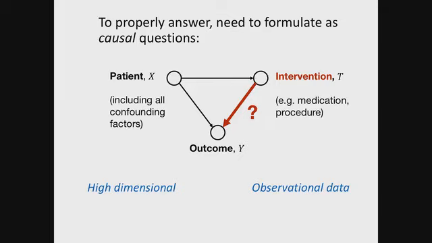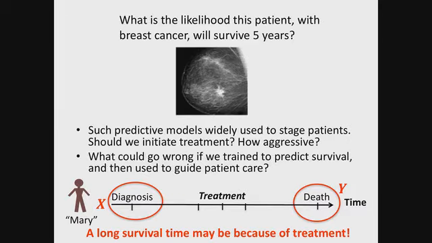All right, so let's try to instantiate this. We'll start with this example. X might be what you know about the patient at diagnosis. T, I'm going to assume, for the purposes of today's class, is a decision between 2 different treatment plans.